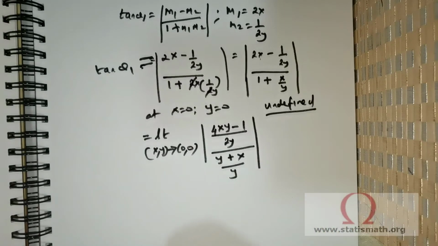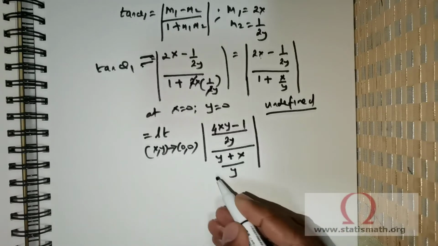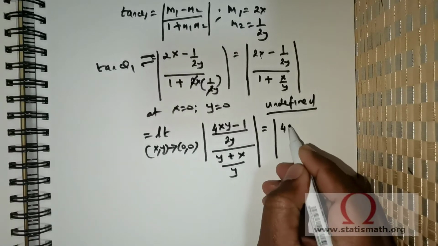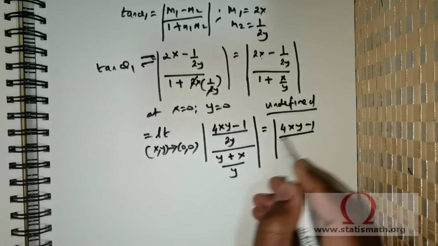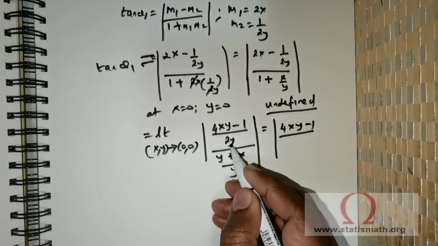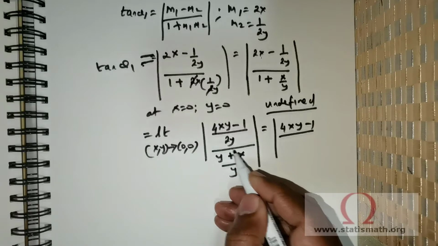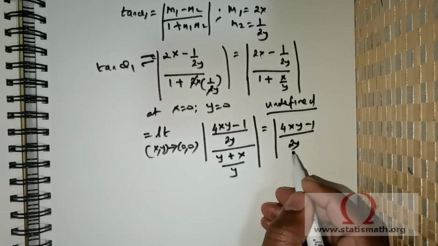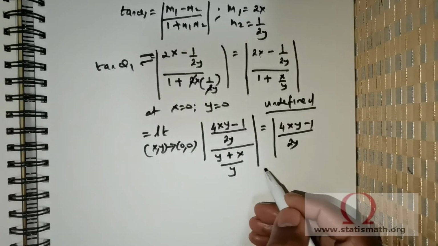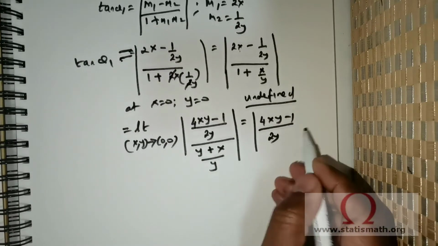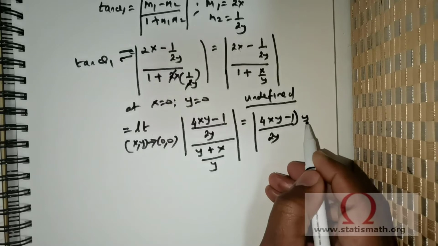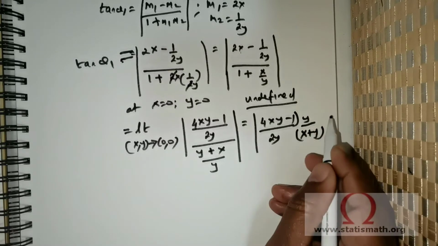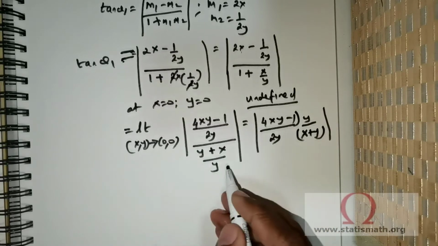Now this can be further rewritten as 1 over 2y times (4xy minus 1), and when I flip the denominator, I would have y on the top divided by (x plus y).